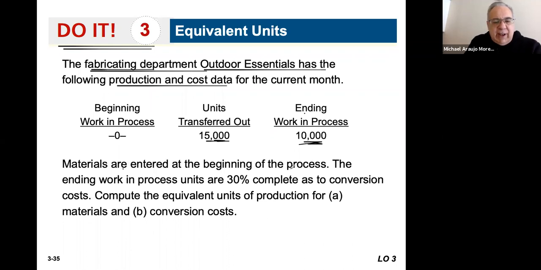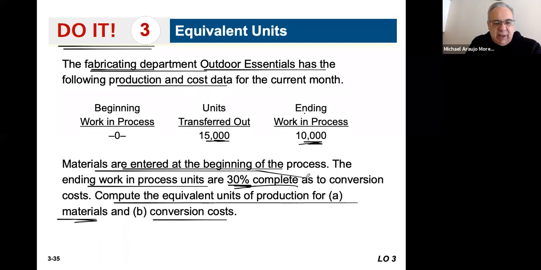The materials are entered at the beginning of the process. The ending work in process is only 30% complete regarding conversion. So they want two things. One, what's the equivalent units for materials, and then for conversion. In terms of materials, the materials are entered at the beginning of the process. So all of the transferred out units obviously have all the materials in them because they're done.